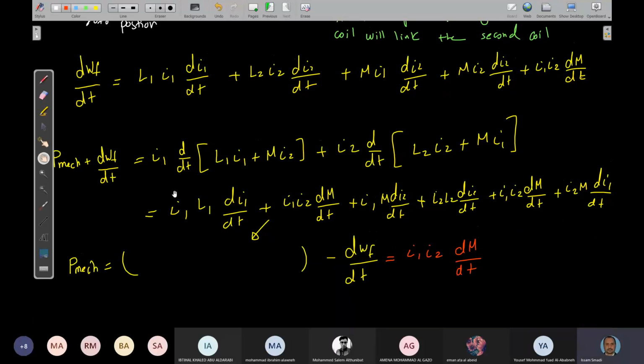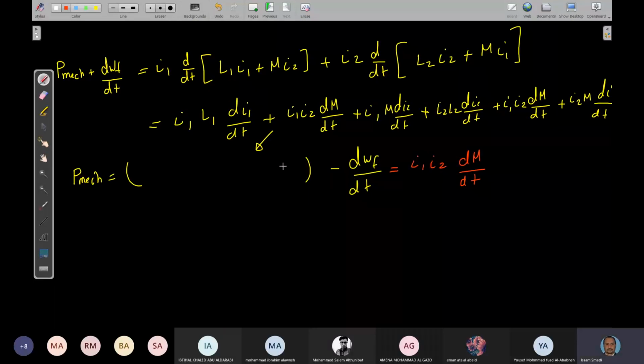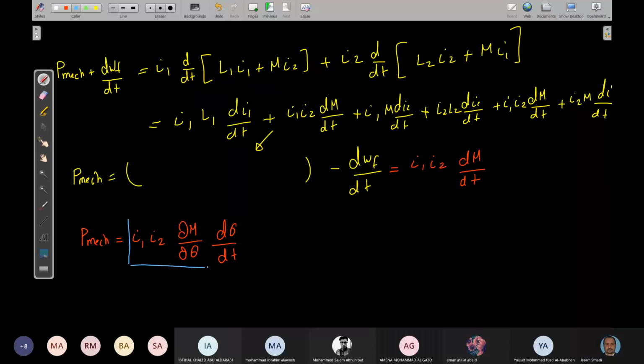Because M is a function of theta, P mechanical can be written as I1 I2 partial M with respect to partial theta, d theta by dt, and this will be the torque. Remember that the mechanical power is equal to the torque multiplied by the angular velocity.